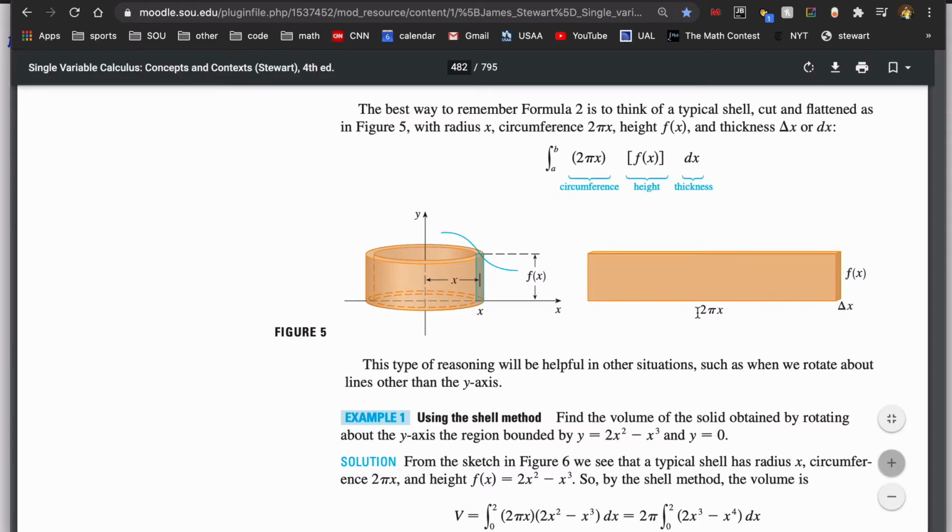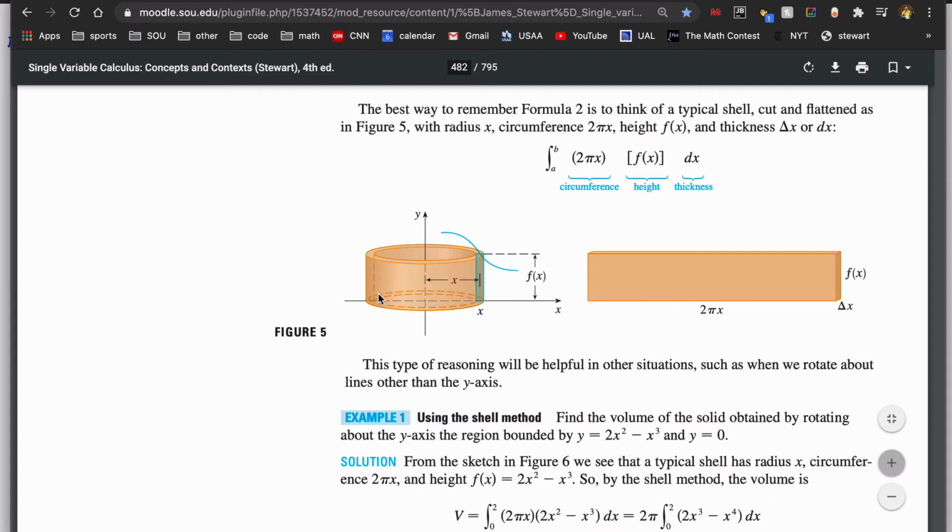The base is kind of the tricky one, but the way to think about it is if we're rotating around the y-axis, then the x value refers to the radius of our cylindrical shell. The base of this rectangle is the same as the distance all the way around the bottom of our cylindrical shell. Well, for the distance all the way around, I can just use the circumference of a circle formula. The circumference of a circle is 2 times pi times r.